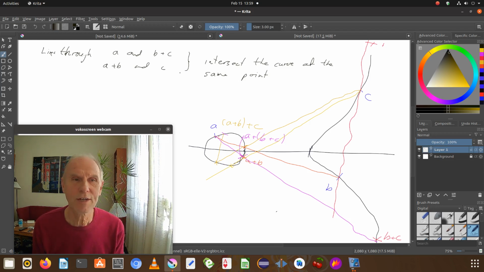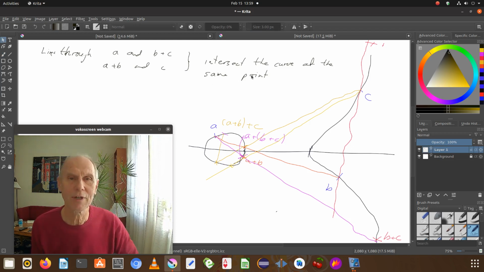So this is just a geometric formulation of the associative law.